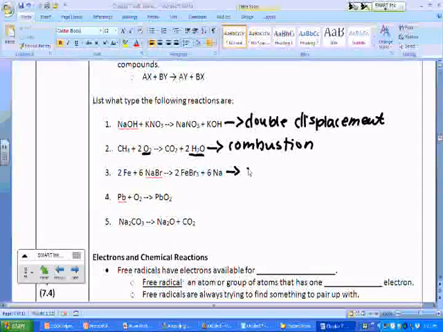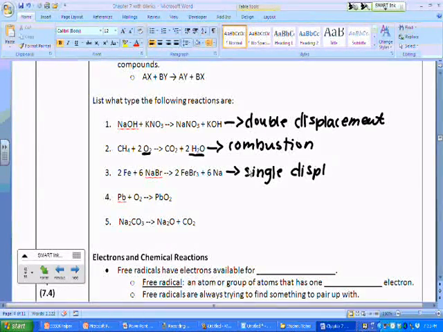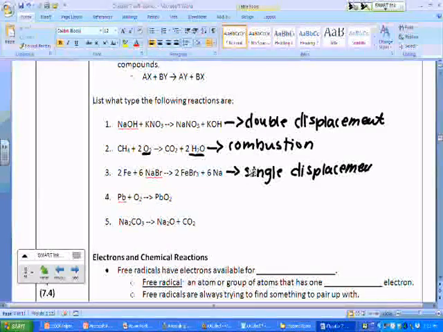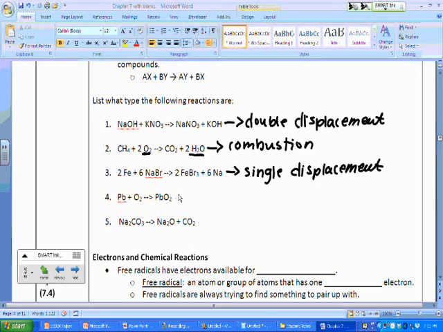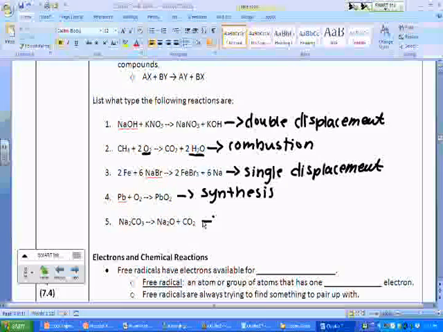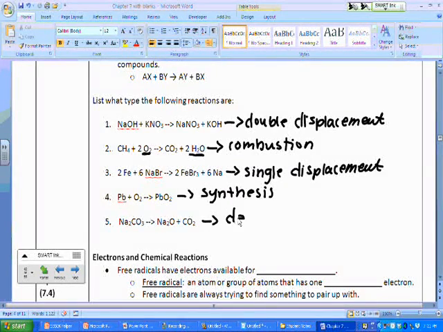Number 3 is a single displacement. Number 4 is synthesis. And number 5 is decomposition.